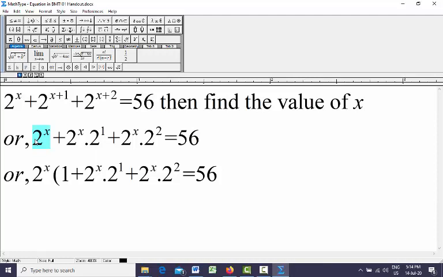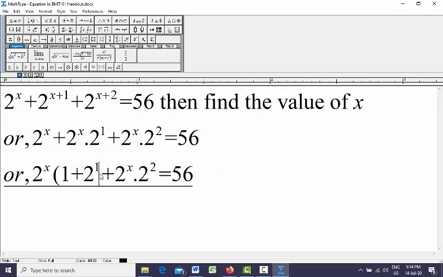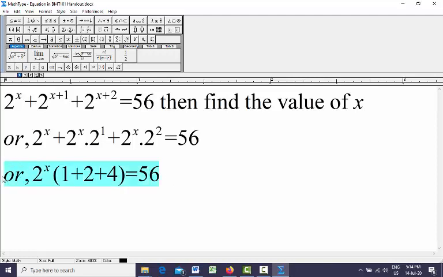Here this one will be out and we will have only 2 to the power 1, so power 1 we can just ignore. Here we have 2 squared, and 2 squared can be written as 4. Right, we got this one.